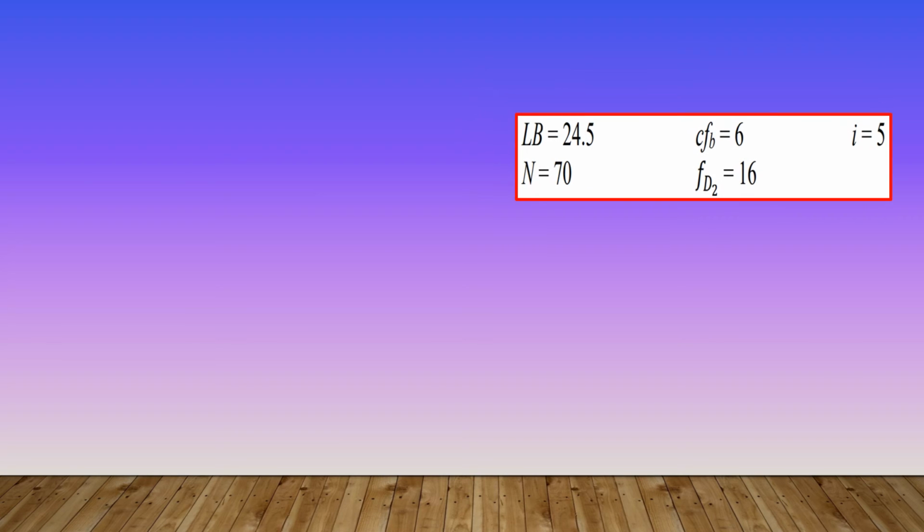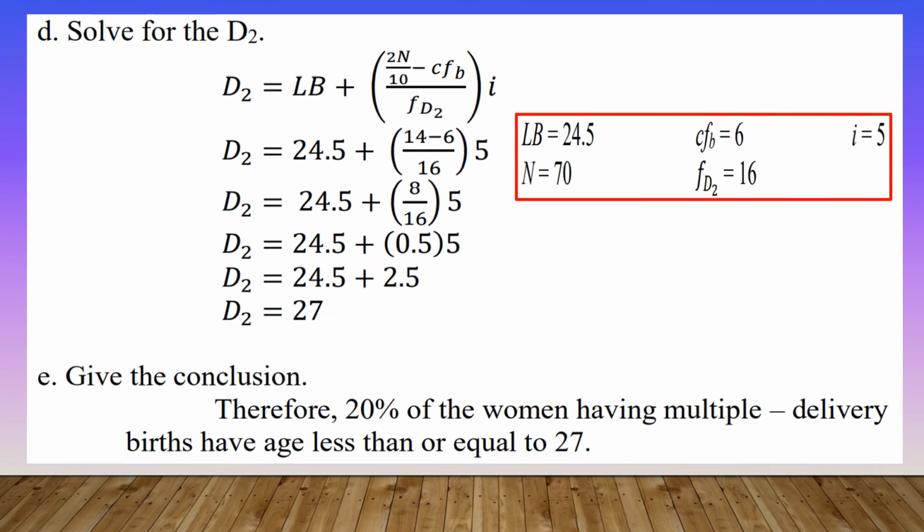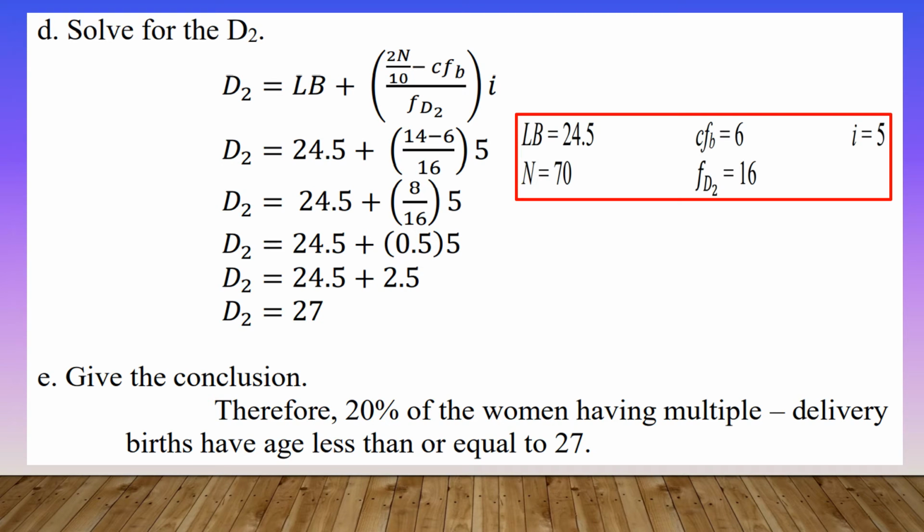Let us substitute the data that we have identified a while ago. Let us solve for D sub 2. D sub 2 is equal to LB plus the quantity 2 times n over 10 minus CF sub B over F sub D sub 2 times the interval.